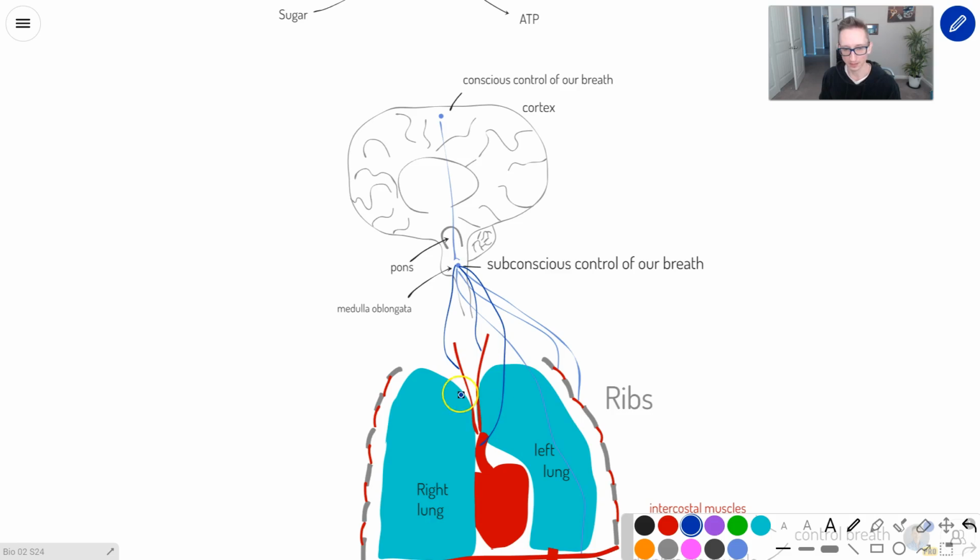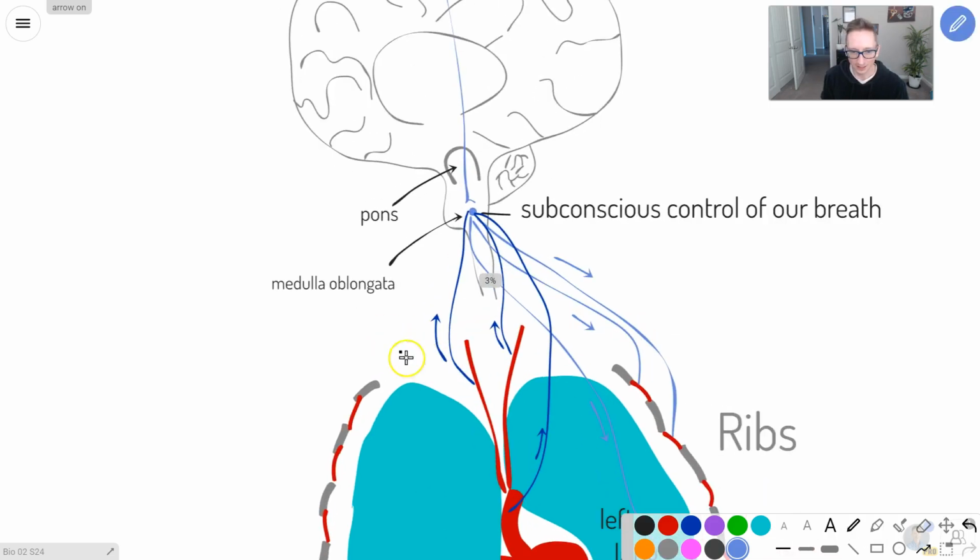Sorry if this is a little messy, but signals here would be going up, and signals here would be going down. Okay, and these actually detect oxygen levels. So if oxygen levels get low, the brain can increase the rate of respiration.